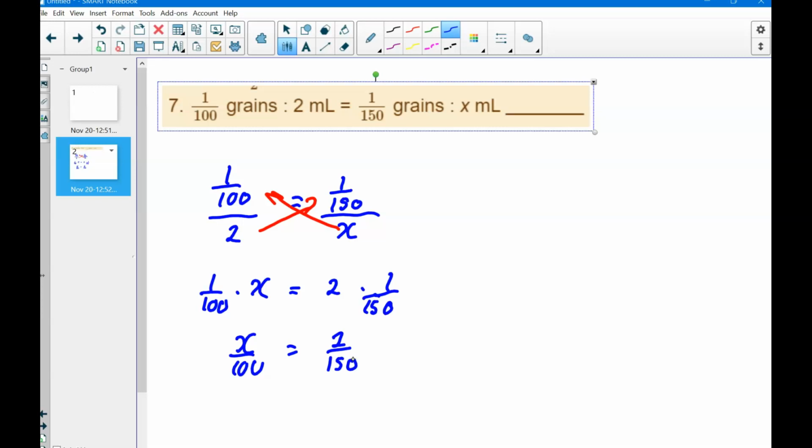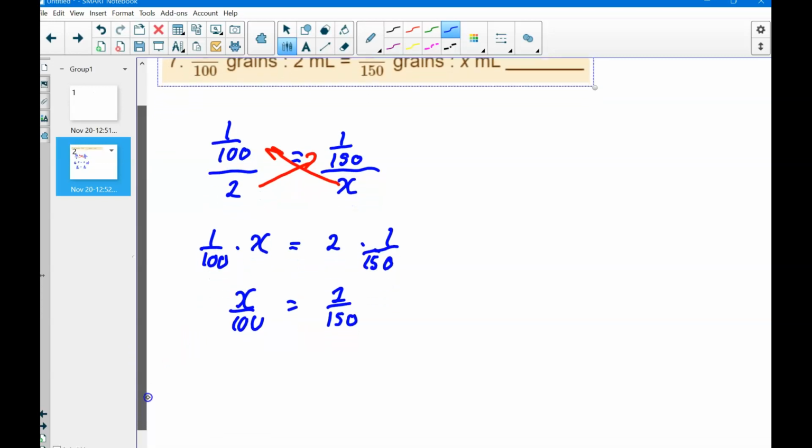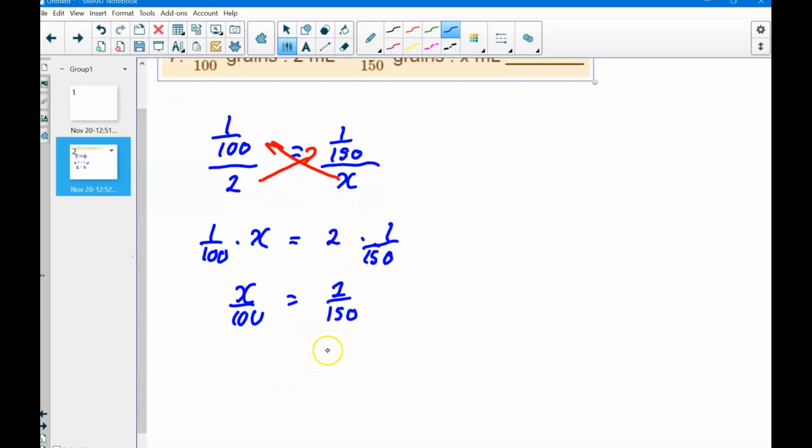All right. Then, if I keep going, take the 100, multiply over here, and both sides by 100. That's going to give me x equals 200 over 150. And it's nice when they both end in 0 because I can just do this.